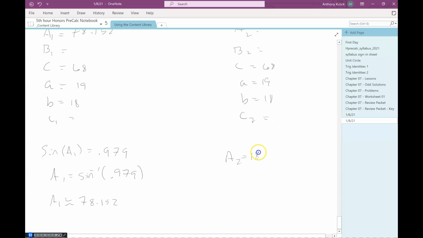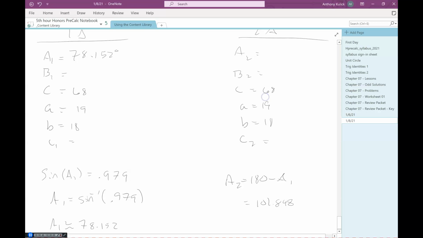And A2 is always just going to be the supplement of A1. So again, I like to do this by jumping back and forth between the two triangles. You could work straight down and do one triangle completely and then do the next triangle. That's fine also. That's the way I like to do it, just jumping back and forth between them. So far so good, Kristen?